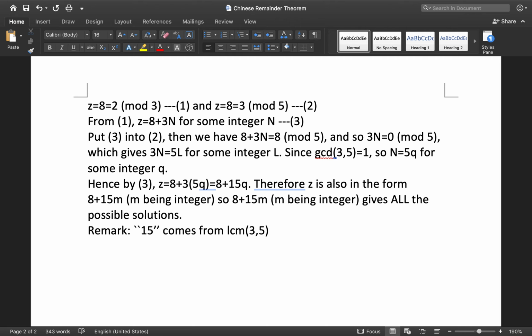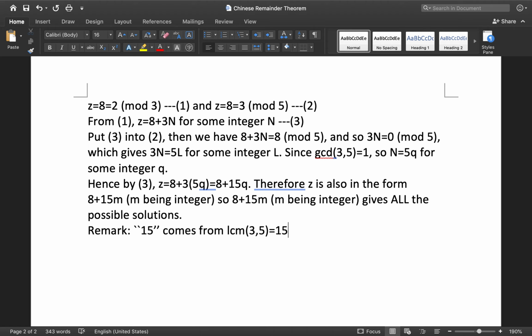The 3 and 5 come exactly from the congruence relations, because we're taking congruence with respect to 3 for one equation, and with respect to 5 for the other. In particular, because they're relatively prime to each other, the LCM is just the product of 3 and 5. So that's why we got 15.